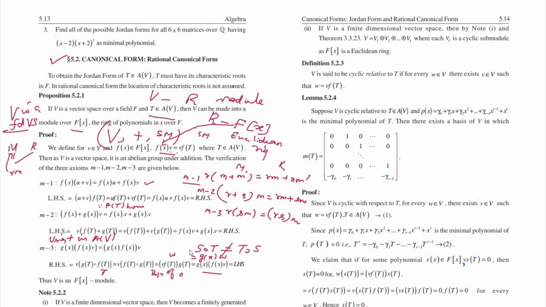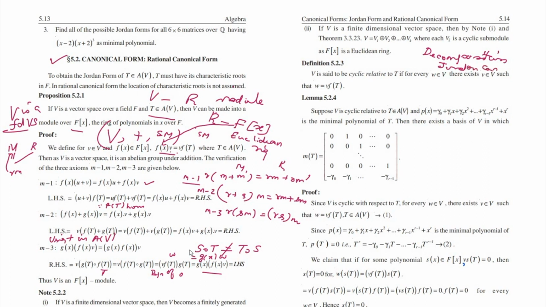Now if V is a finite dimensional vector space, then we have V to be the direct sum of V1, V2 and so on Vk. This is the decomposition theorem which is proved in the section on Jordan canonical form.